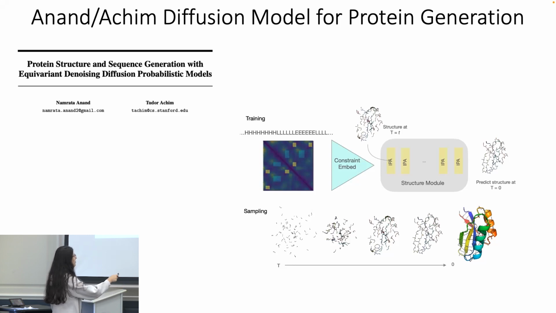Then once again, we see sampling. Initially you have a lot of chaos, and then it starts looking more and more like a protein, and hopefully you end up somewhere where it has ideal bond lengths and angles and maybe fits into some torsion space.